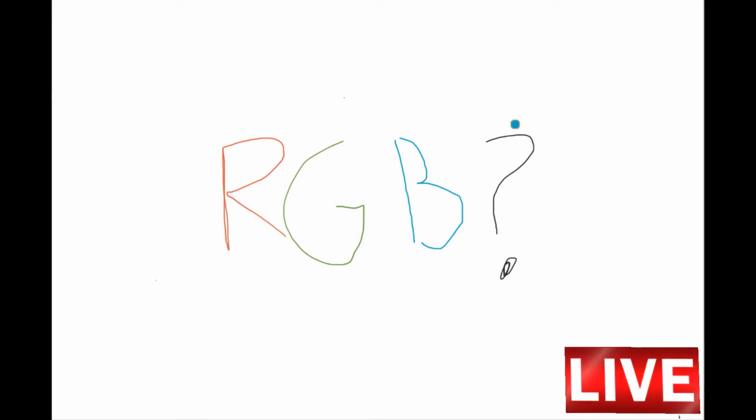So now we know what RGB is, but let's say that, why do we need RGB? Okay, now I will write a little bit of code right now, like this. Starting like this. Color.